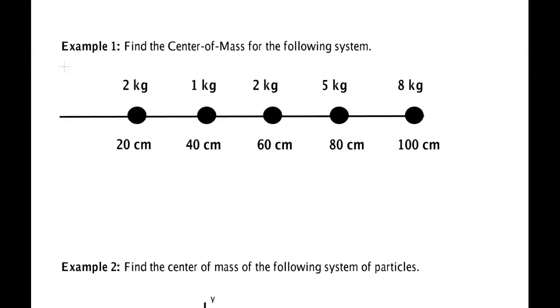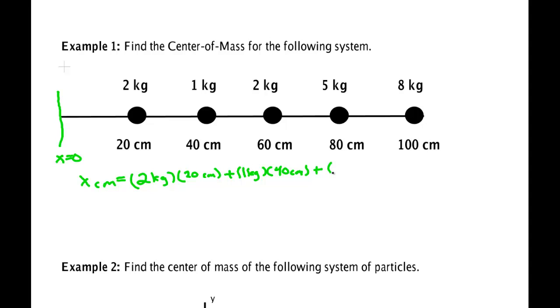Find the center of mass for the following system. Somewhere here, there's a location x equals 0. And we have a set of masses here. To find the center of mass, we take the first mass, 2 kilograms, and multiply by its score, 20 centimeters. Then we take the next, 1 kilogram, and multiply its value, 40 centimeters.